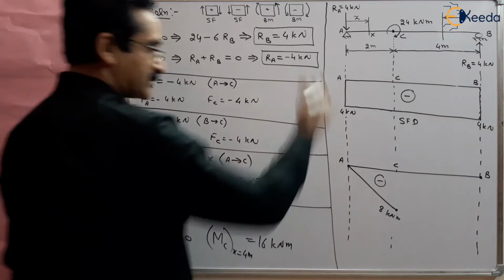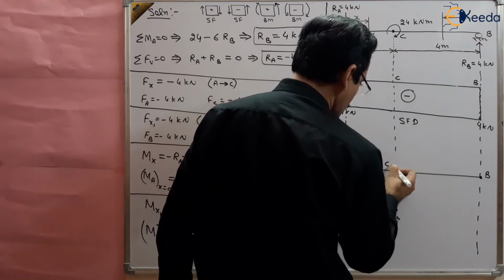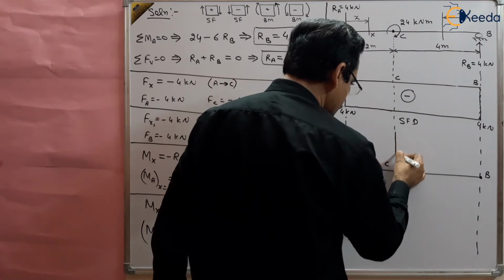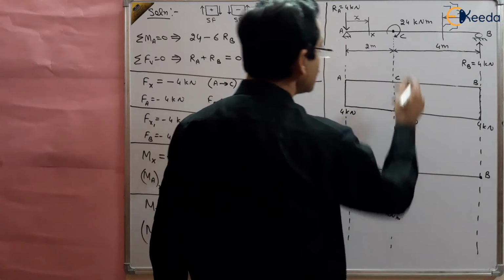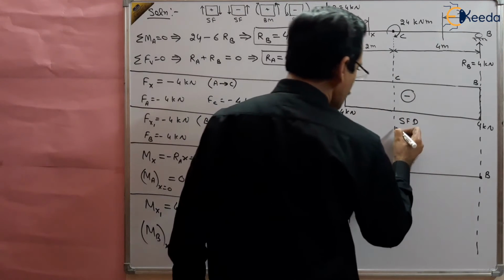So from minus 8 to 16, a jump from negative to positive, right? This is because of this moment, the total sum should be 24 like this.